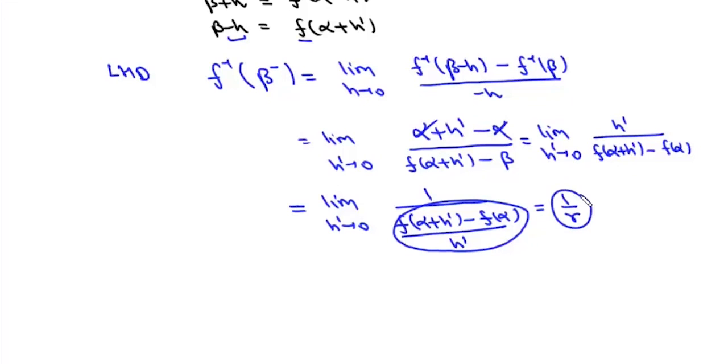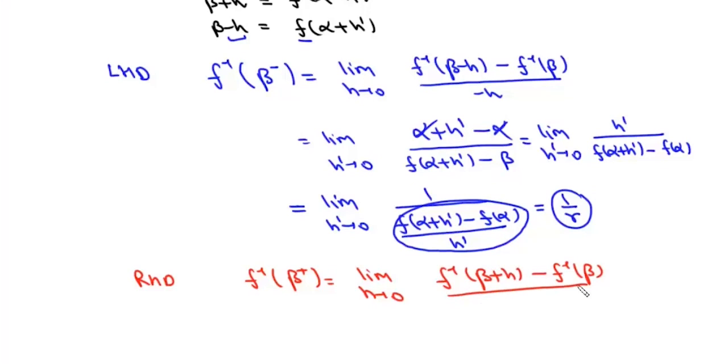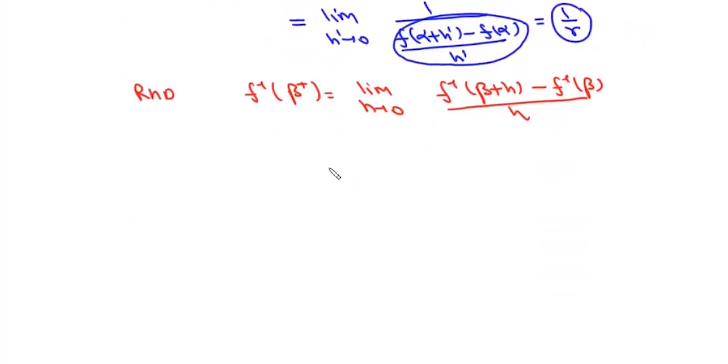And in the same way we can find its right-hand derivative. Now we can write its right-hand derivative of f inverse at beta as limit h tends to 0, f inverse(beta plus h) minus f inverse(beta) upon h. Now f inverse(beta plus h) is alpha minus h dash. So it will be this limit, h dash tends to 0, alpha minus h dash minus alpha, and f inverse(beta) is alpha.